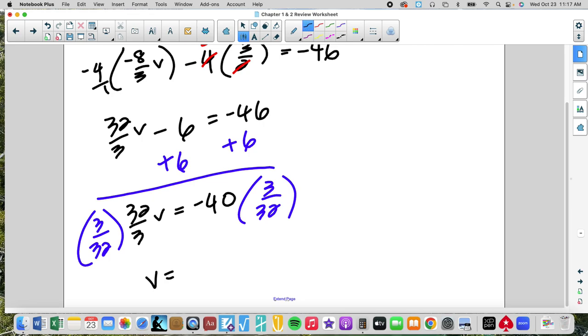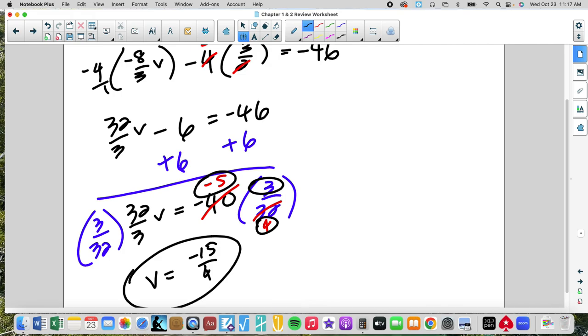I'm going to see if I can reduce. What goes into 40 and 32? 8. 8 goes into negative 40 negative 5 times. 8 goes into 32 4 times. Nothing else cancels. So I have negative 5 times 3, which is negative 15. And 1 times 4, I have the 4 in the denominator. So I'm left with negative 15/4.